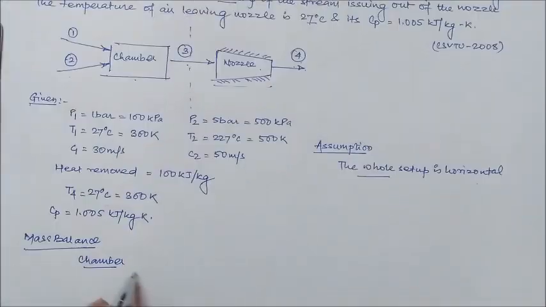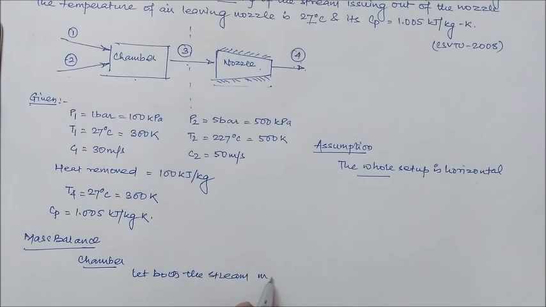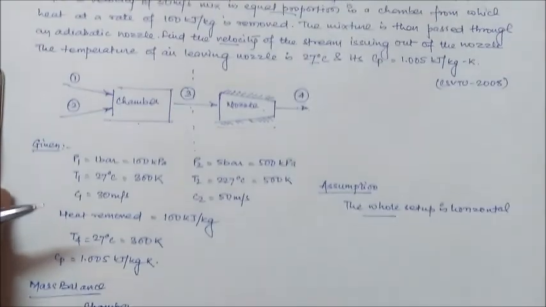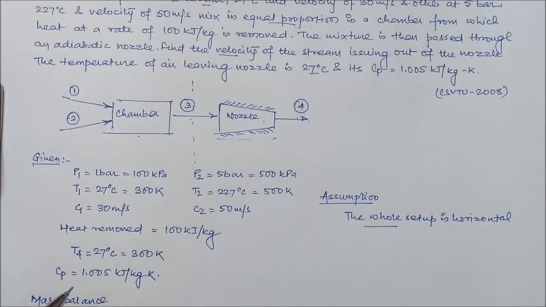So let both the stream mass flow rate be m dot kg per second.